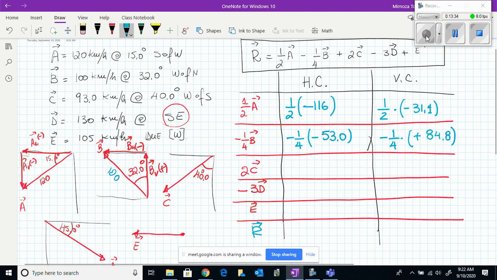So the next one is vector C. Vector C has a magnitude of 93 kilometers per hour. So what we will do is we'll create the right angle triangle that includes the given angle. The two sides are the horizontal and the vertical component of the vector. Whatever is going in the horizontal is the horizontal component.